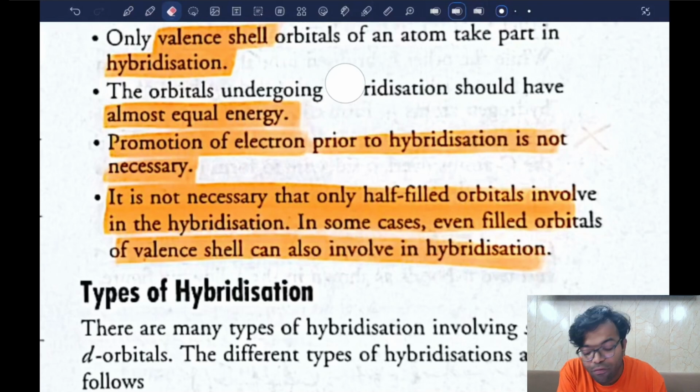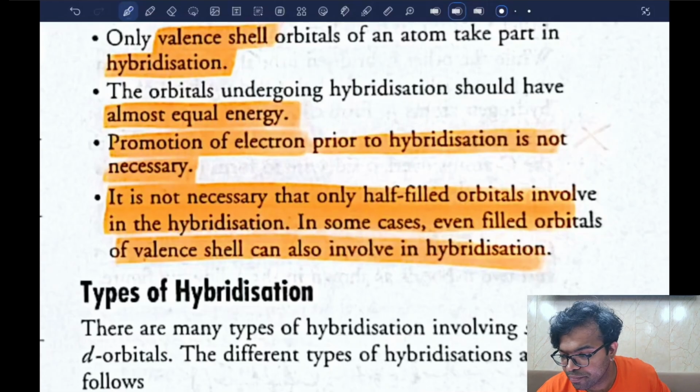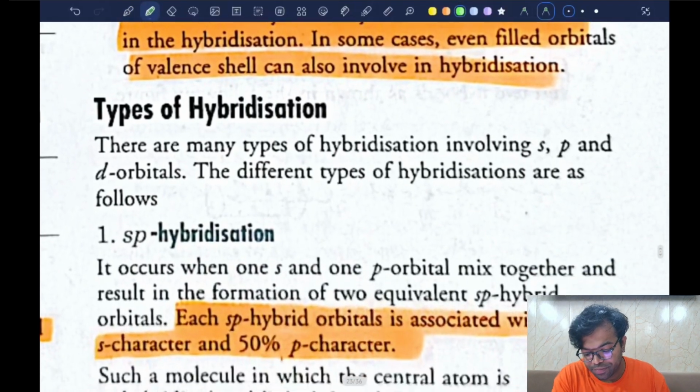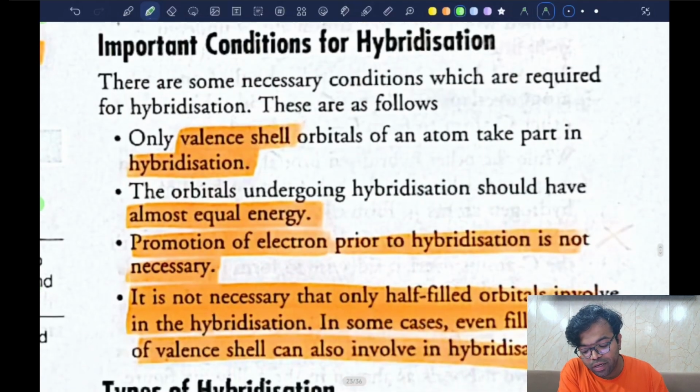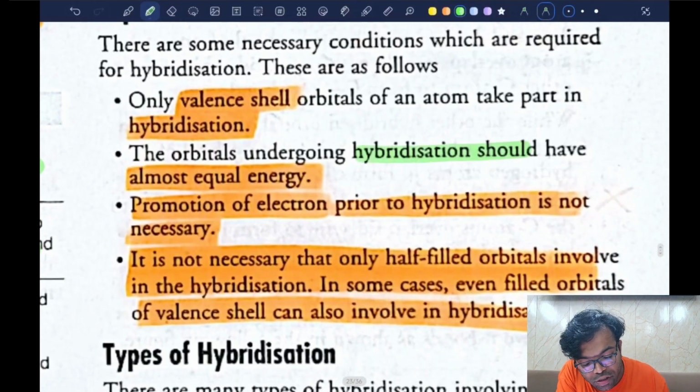So, some important conditions. Only valence shell orbitals of an atom take part in hybridization. The orbitals undergoing hybridization should have almost equal energies.